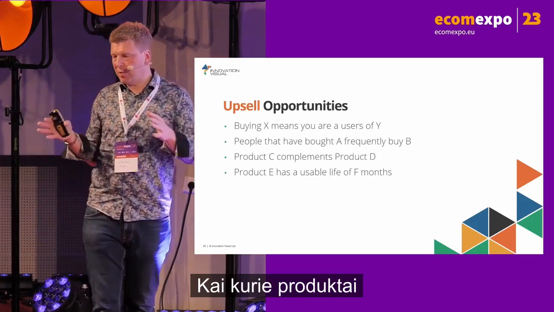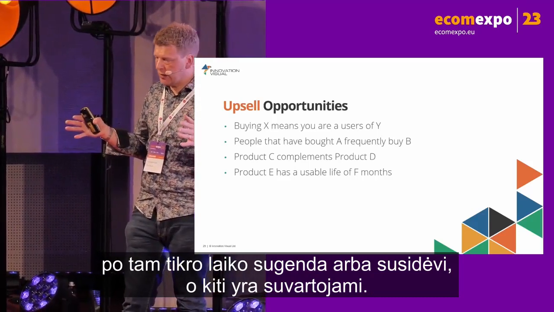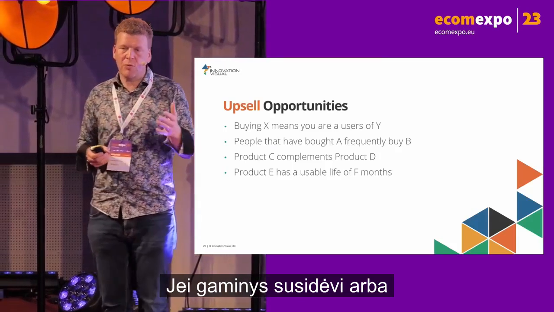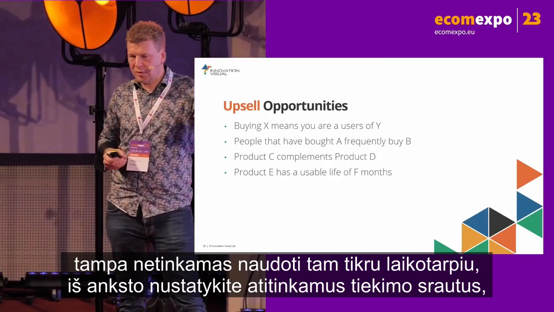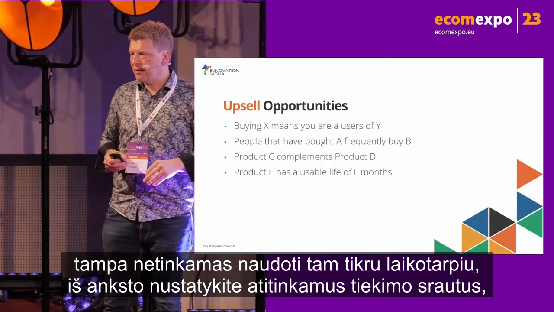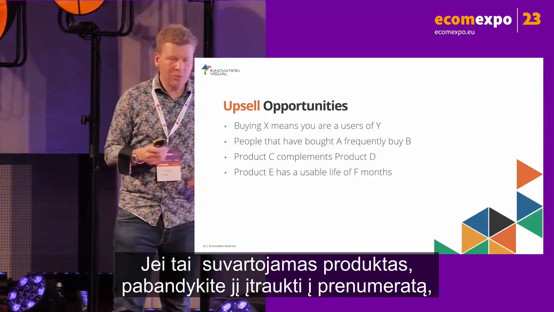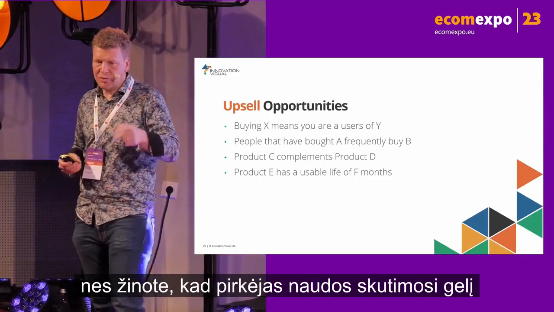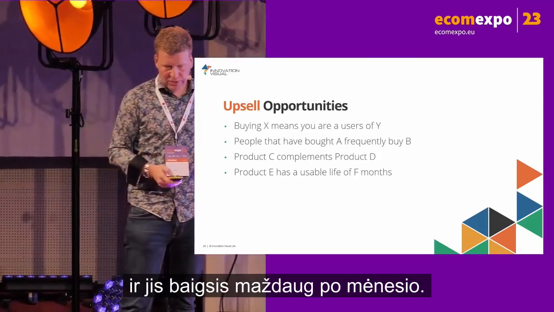So some products will typically fail or wear out after a period of time, and other ones are consumable products. So if a product is going to wear out or be unusable at a certain period, set up your nurture flows in advance of that, so knowing when that opportunity is going to come. And if it's a consumable product, try and get them on a subscription, because you know they're going to use that shave gel and it's going to run out after a month or so.